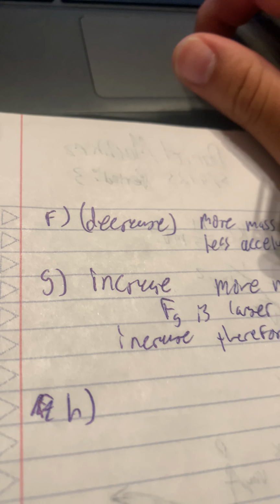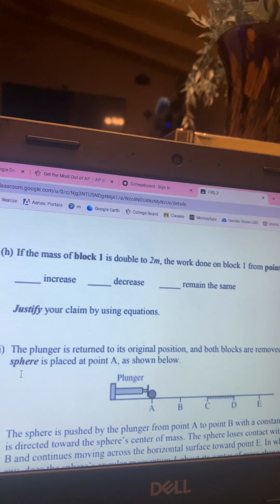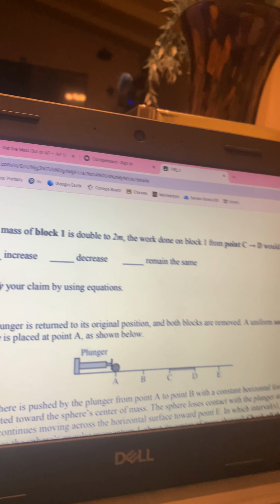For part H, it says if the mass of block 1 is doubled, from point C to D, what would happen to the work?